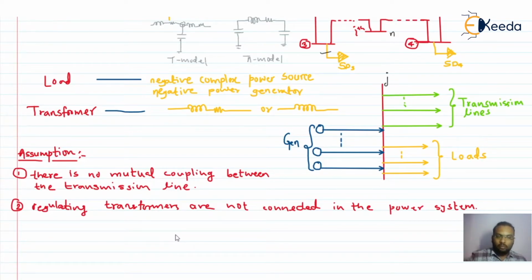As I want to make things easier and simpler for you, that is why I'm going for these two assumptions. As and when needed in future, we'll discuss how to model when coupling between the transmission lines is considered, and how to do the modeling when there is a regulating transformer in the power system. That also we'll discuss in future lectures.